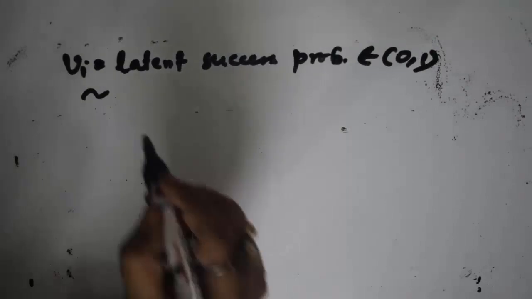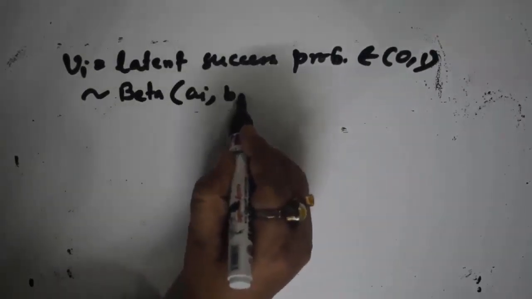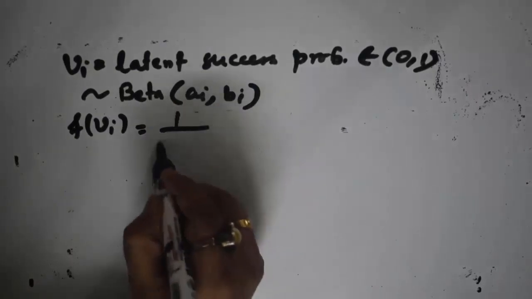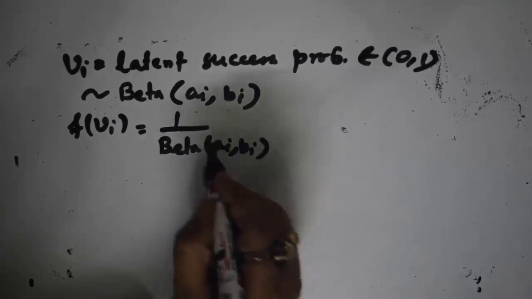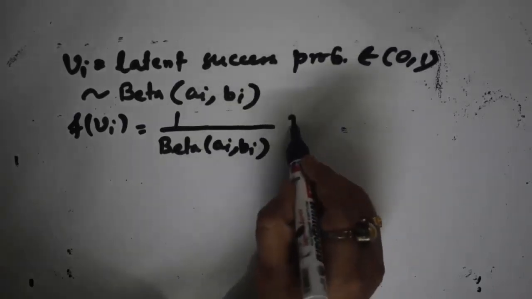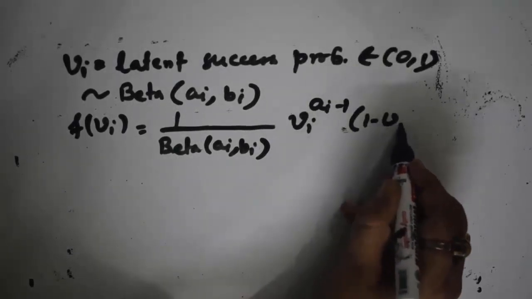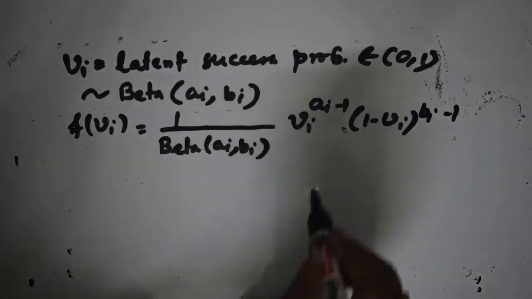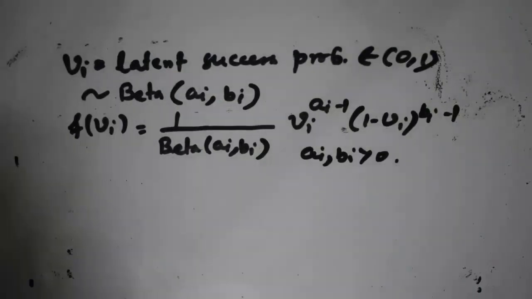We assume this Vi follows beta ai comma bi, then f of Vi equal to 1 by beta ai comma bi, Vi to the power ai minus 1, 1 minus Vi whole to the power bi minus 1, where ai comma bi are greater than 0.